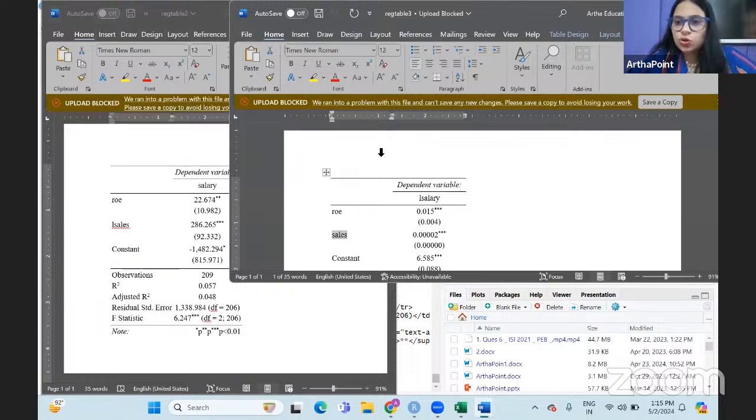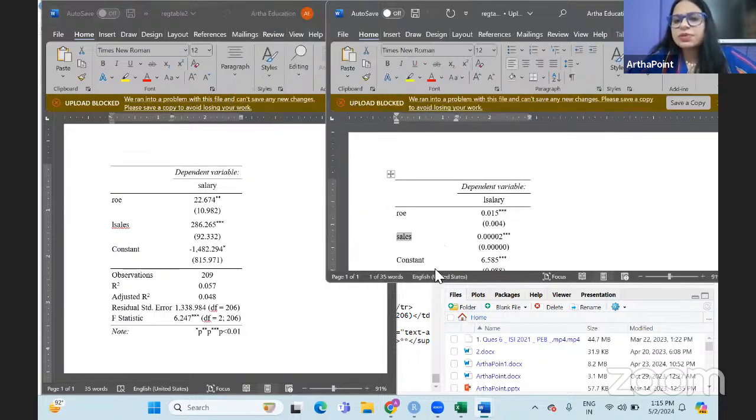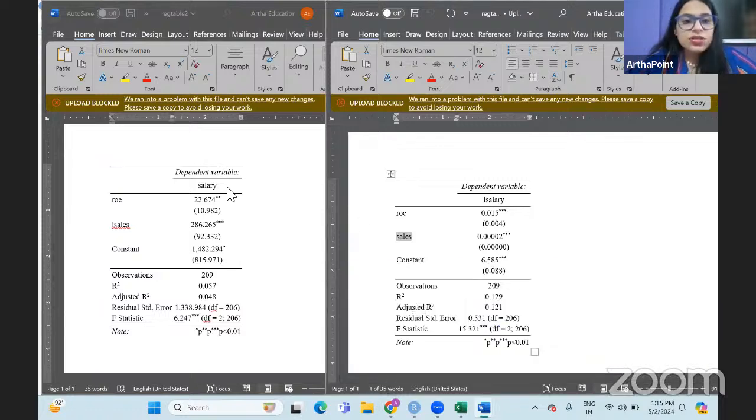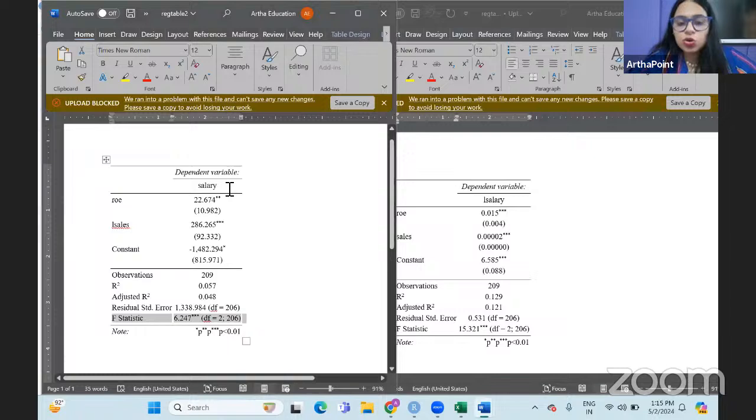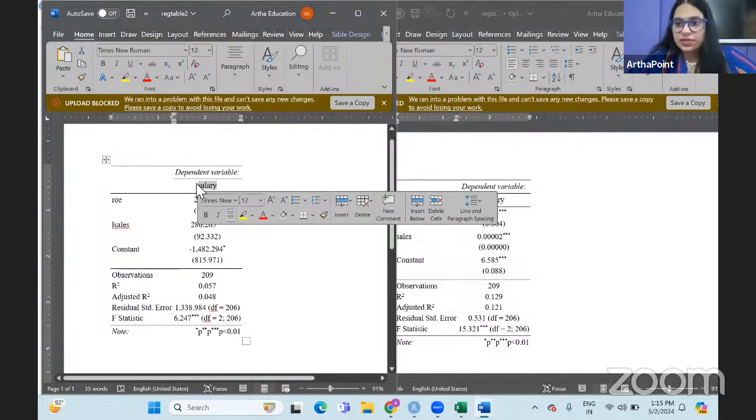So my question to you is that can we compare regtable 2 with regtable 3? The answer is no. Why? Because in your regtable 2, your dependent variable, that means your salary, the y variable, it is coming in the linear form, right?